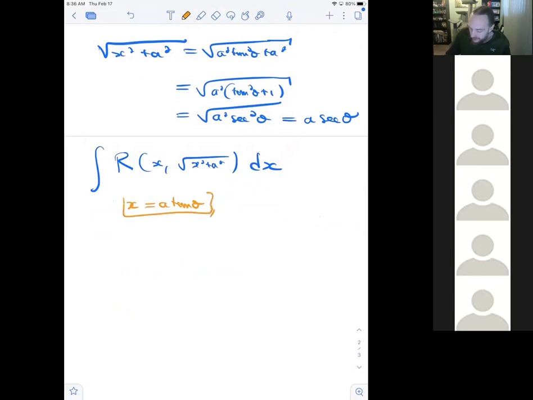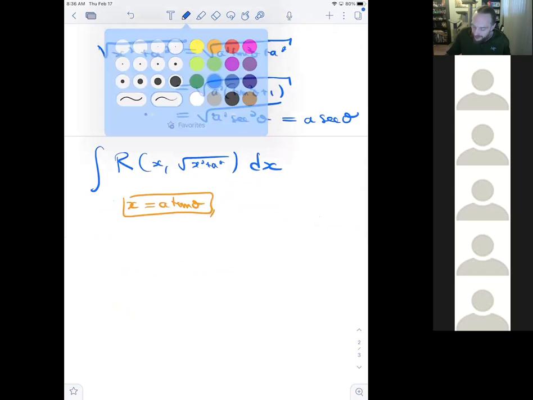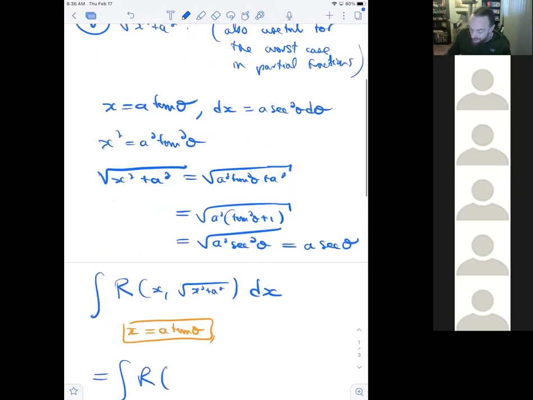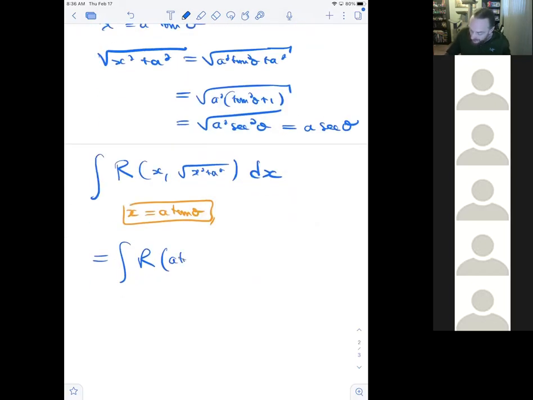And we're going to get what? This integral in its most general form is going to be that rational function in x. What was x? x was a tan theta. What's the square root of x squared plus a squared? A secant theta. So rational or products, possibly a division sign, but products of secants and tans. And then times what's my differential?